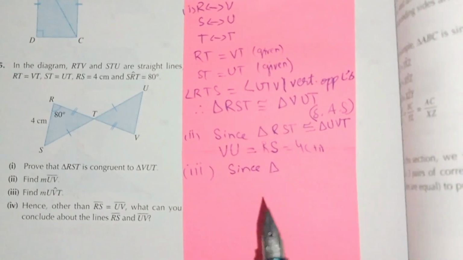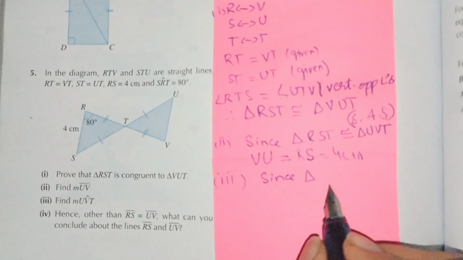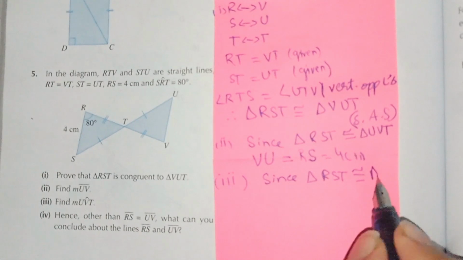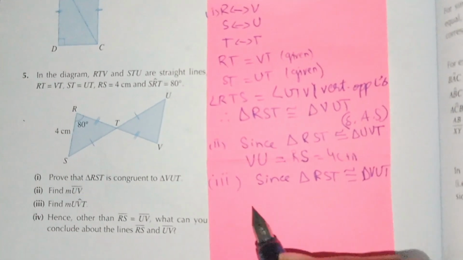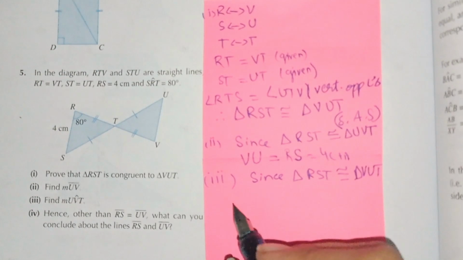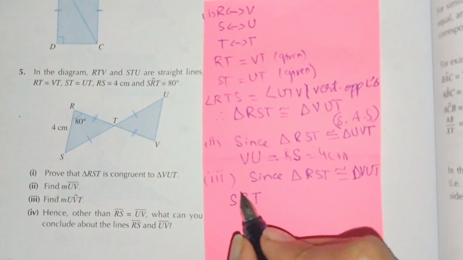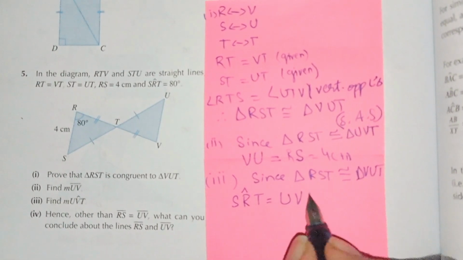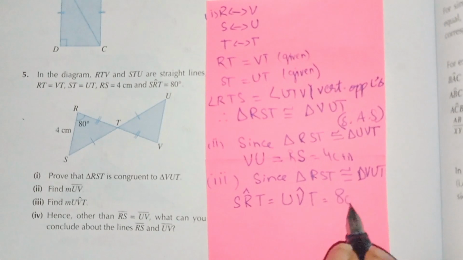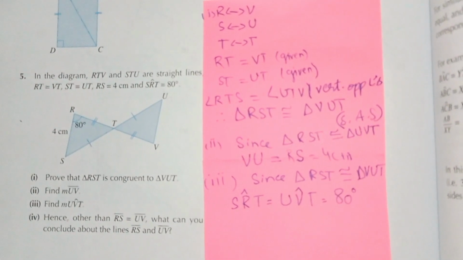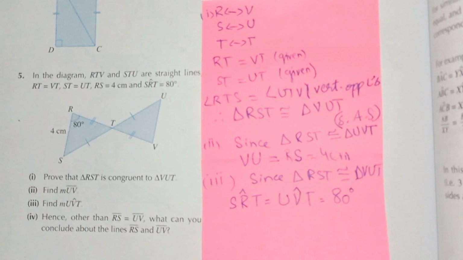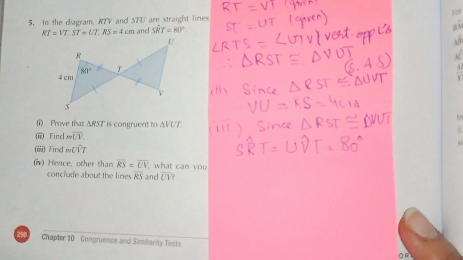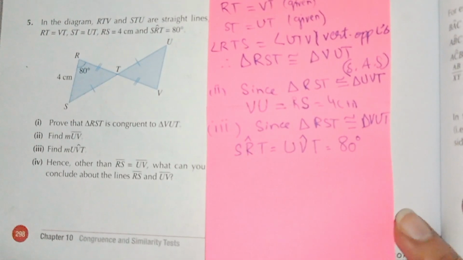Since triangle RST is congruent to triangle VUT, angle SRT is equal to angle UVT, and this is equal to 80 degrees. Hence proved.